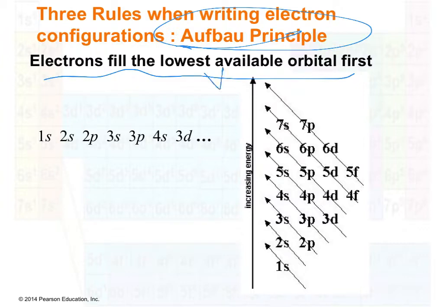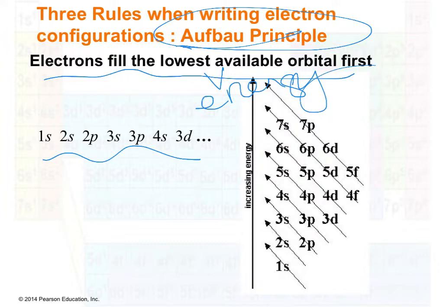So it's important for you to know the relative energies of the orbitals that electrons can occupy. At some point you're going to have to memorize the order. Really, if you do enough electron configuration problems like you're supposed to, you'll automatically memorize it.